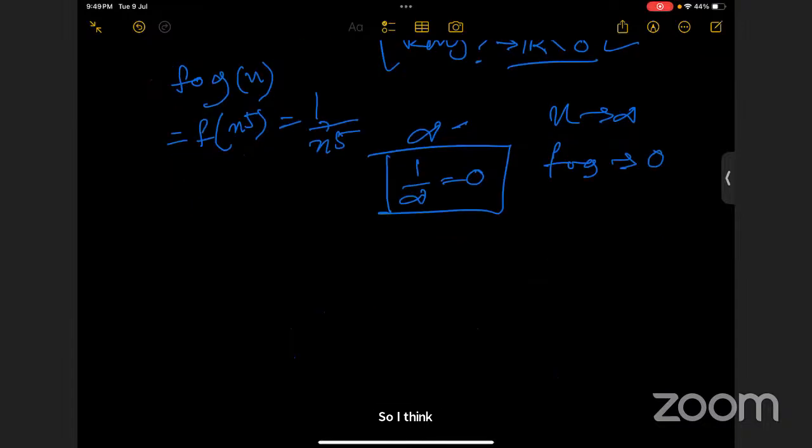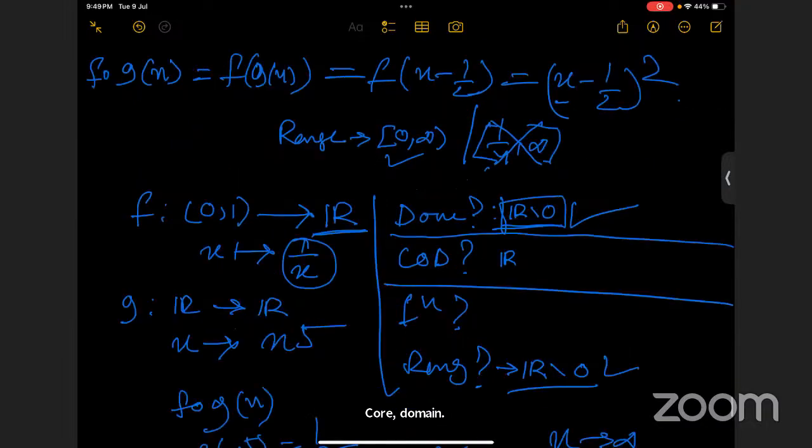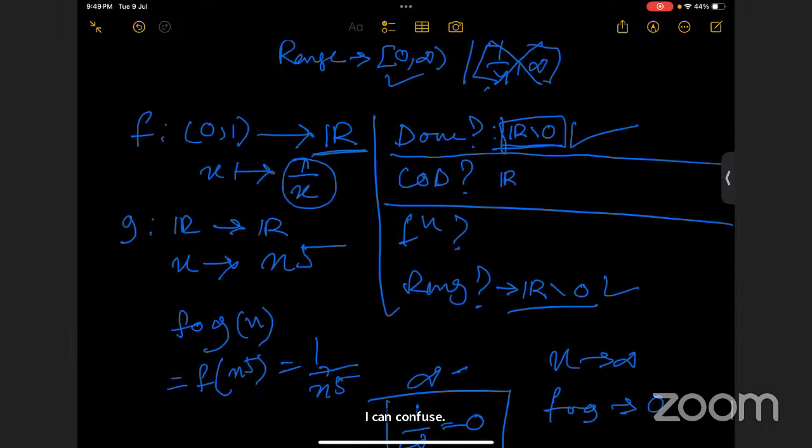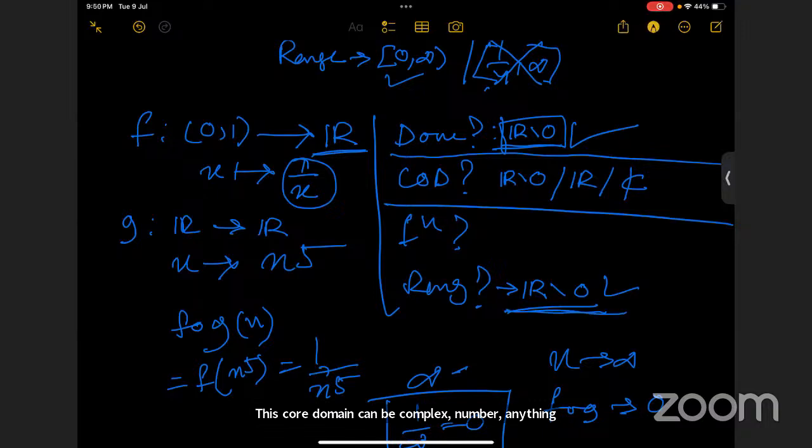Ma'am, please tell me about codomain, I am confused. Okay, so codomain is basically a superset of the range. Once you got your range, say R minus 0, this codomain can be R, or it can be the complex numbers, anything which is a superset of this range.